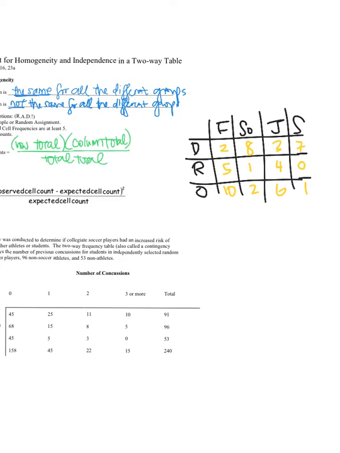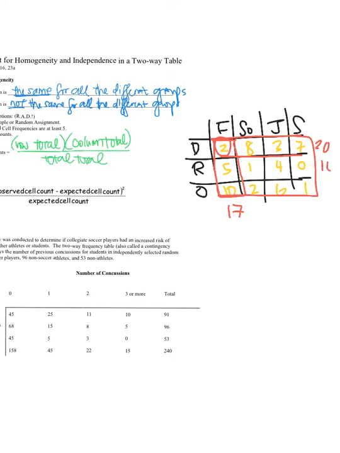If I wanted to find the expected counts for this cell, Democrat freshman, I would take the total of the row, which gets me 20 when I add these up. I take the total of the column, and that gets me 17. And then the overall total of everybody. Let me do that quickly here.